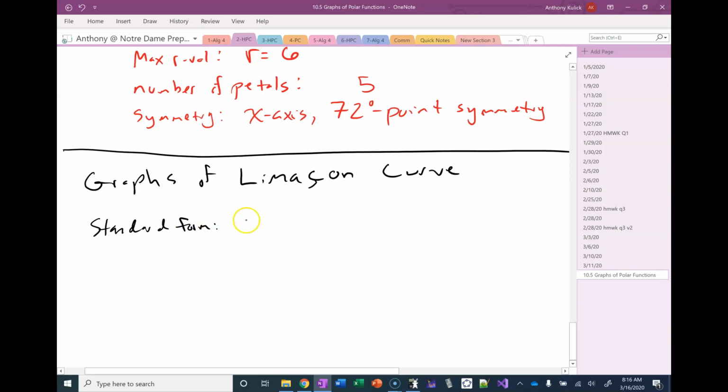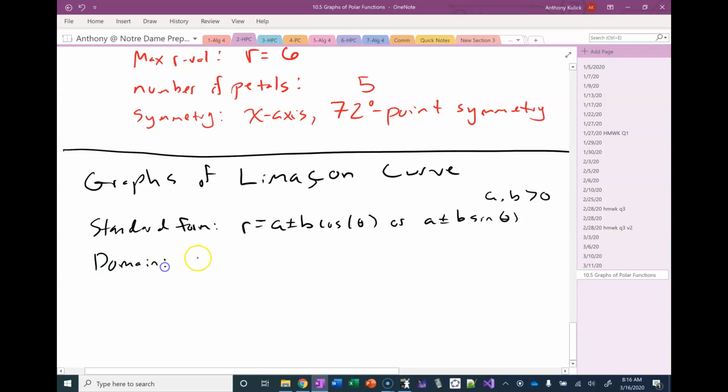So the standard form equation for a limaçon curve is r equals a plus or minus b cosine theta, or a plus or minus b sine theta, where a and b are both positive. The domain for all limaçon curves is -infinity to +infinity.